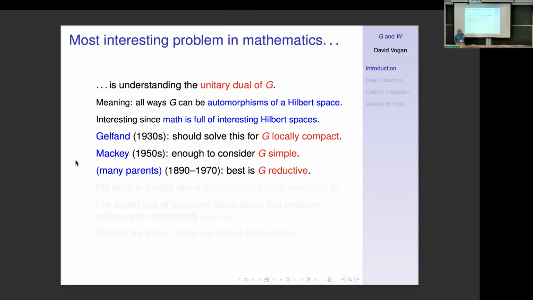Many people over many decades understood that the setting of reductive groups was really wonderfully suited to include simple groups and to be stable under inductive arguments. So that's the setting where I'll work. I want to talk about the unitary dual of a real reductive group.